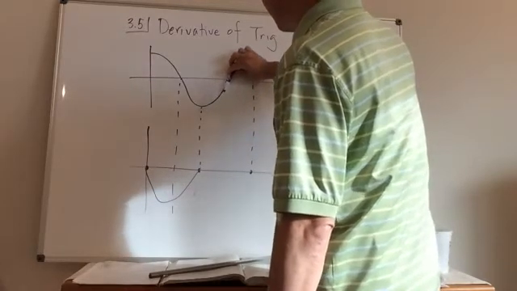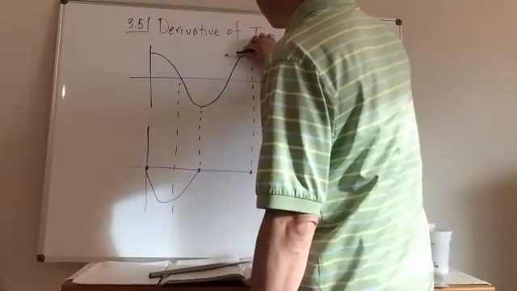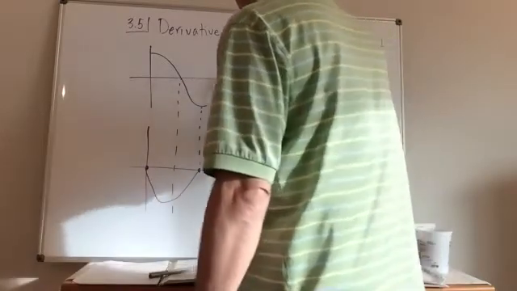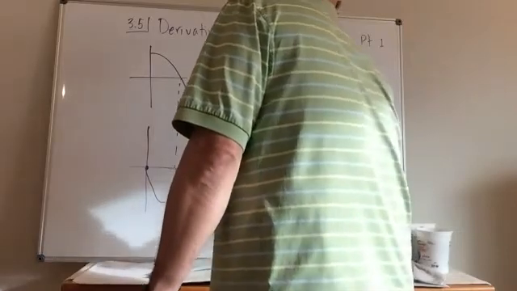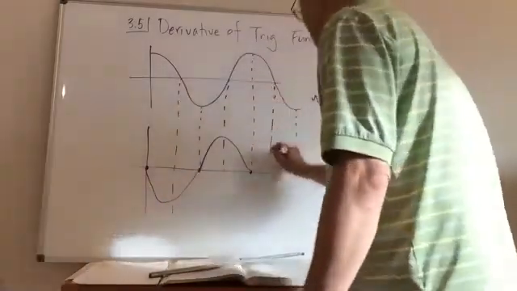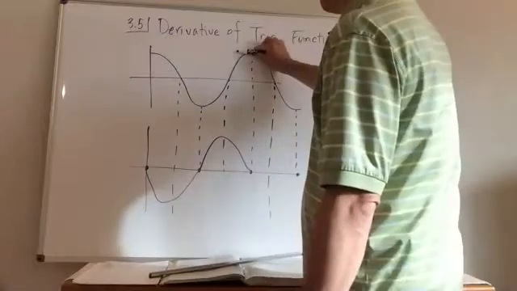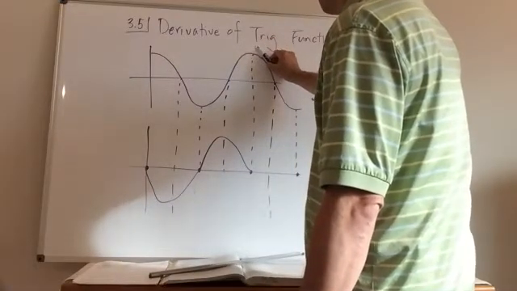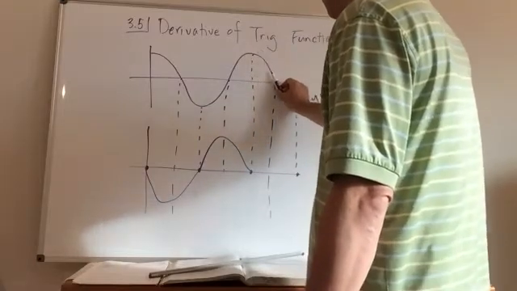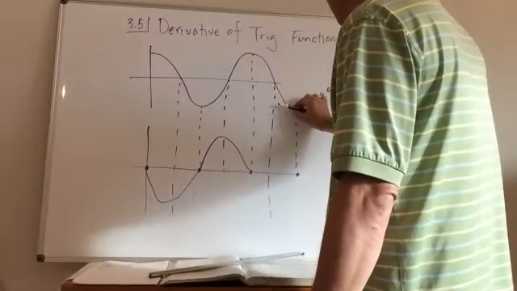I'm going to top out here and then go less positive, less positive to 0. Same thing here, I'm going to go negative, more negative, bottom out here, and then less negative, less negative, back to 0.